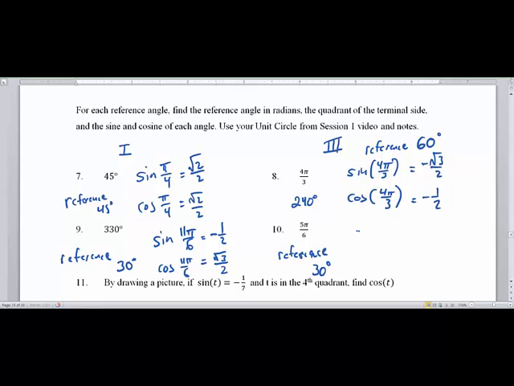Now check this out. I've got my sine of 5 pi over 6 and my cosine of 5 pi over 6. Looking at my y value, it is 1/2, and my x value is negative square root of 3 over 2. Let's ignore the fact that this is negative and this is positive. But you see the power of reference angles?